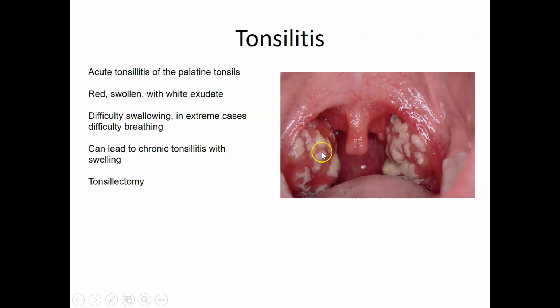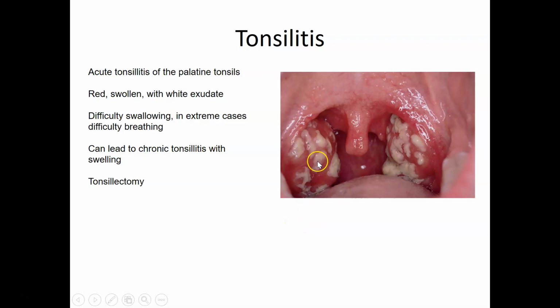They're red, and they have this kind of pus-like exudate substance on the surface. So it's normal that they become swollen when they are mounting an immune defense against some kind of infectious agent. But usually it's not very long lasting, and it doesn't cause problems.